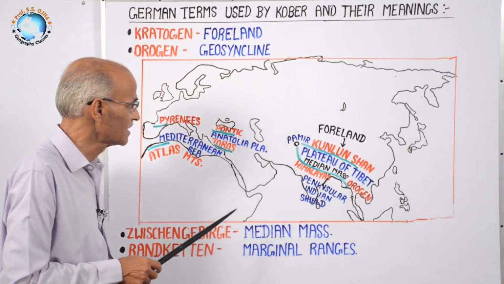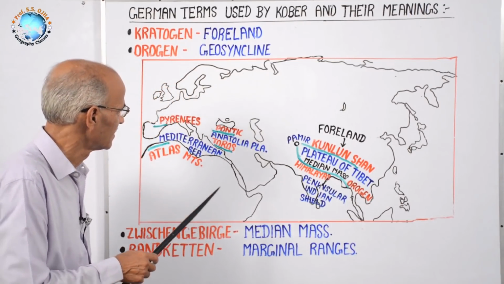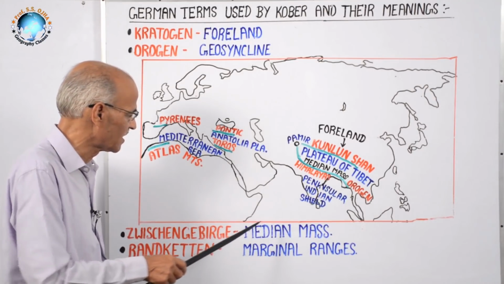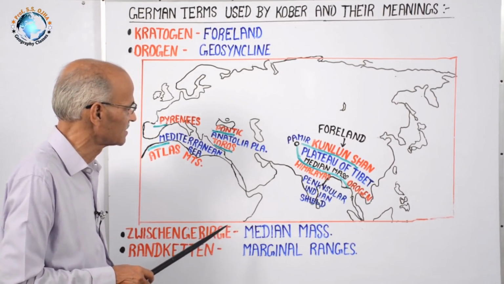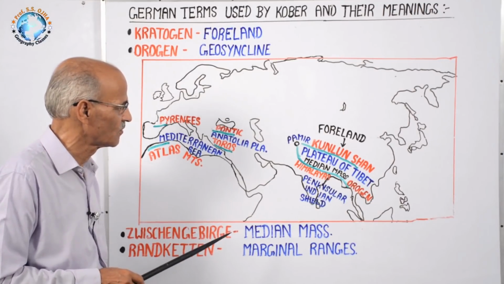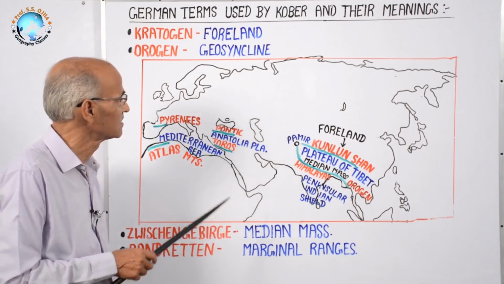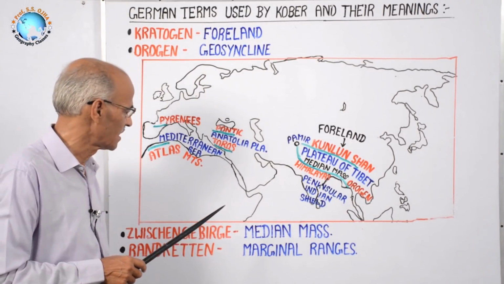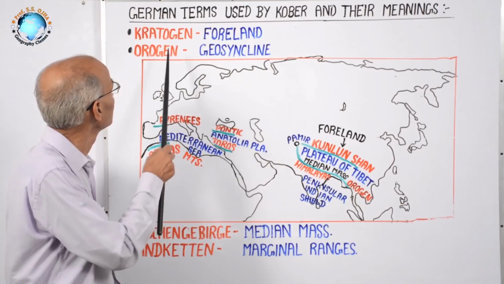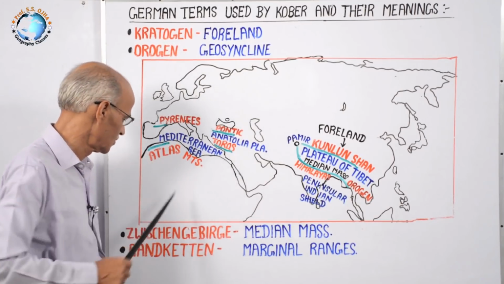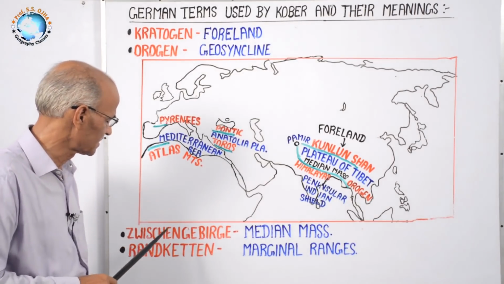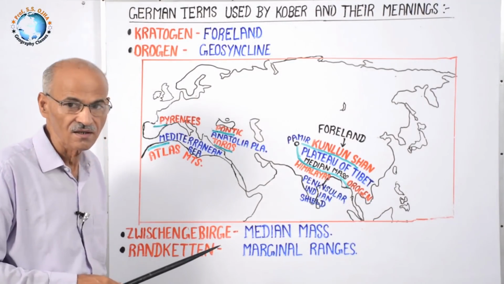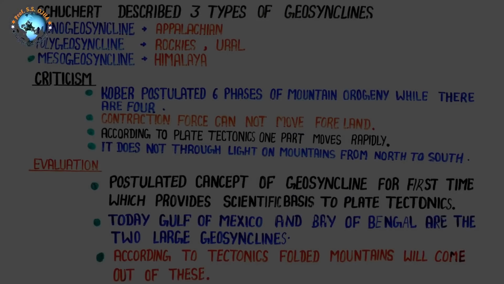So we can see that the median mass, Schwarzenberg, is a very important feature in the geosyncline hypothesis. Whenever you write the answer on KOBER's orogeny theory of folded mountains, you will not forget these 1, 2, 3, 4 terms, because these are the basics to make clear KOBER's hypothesis.